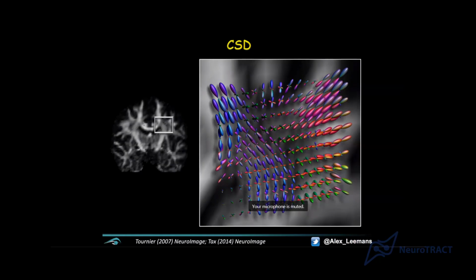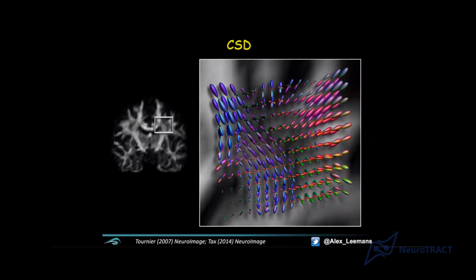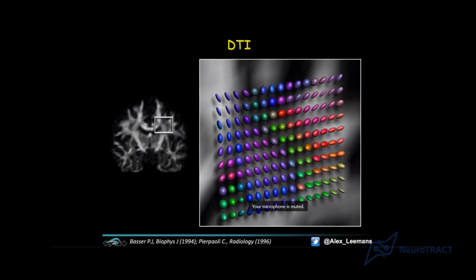All right, so continuing. So we've seen, in the previous slide, these ellipsoids. You can imagine if you reduce that to the dominant orientation, you've got one peak per voxel, one orientation. But now, if you look at it, you've got this multilobular structure showcasing a lot of extra detail, right? For instance, you can see in the previous one with DTI, these blue ones, they're reflecting pathways going up, down, part of the corticospinal tract, right?